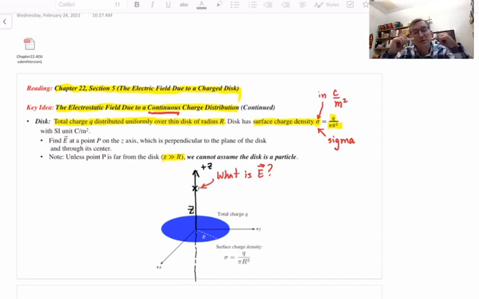And you use the known electric field for that piece. Call it dE for each little piece. And then you add up all the little dE vectors to get the total.